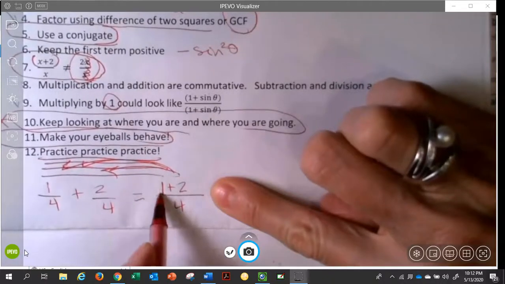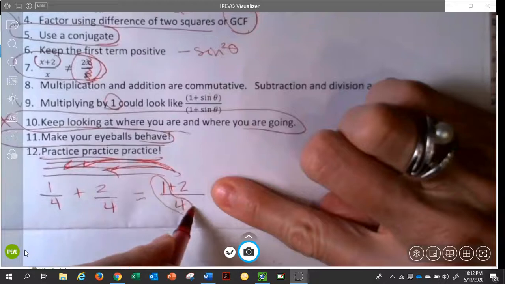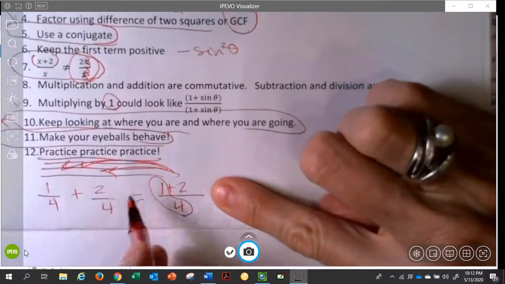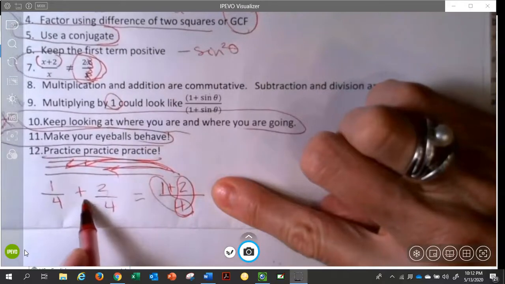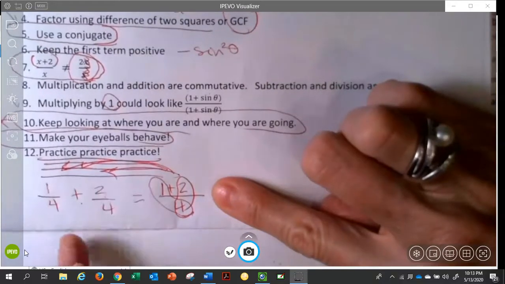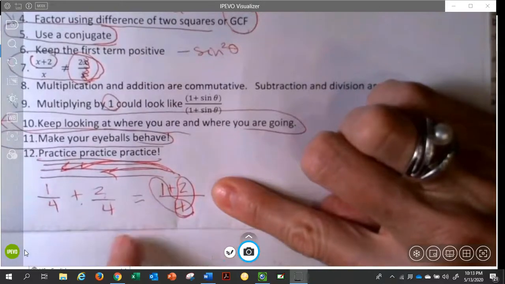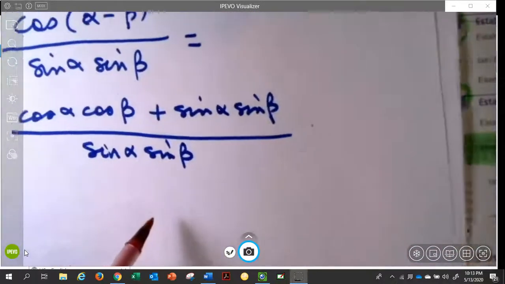If you have a something plus a something over a denominator, you have permission to write this front part over the denominator. You have permission to write this back part over the denominator and put a plus in between them. So just as you have permission to put them together, you have permission to pull them apart. And so that's what we're going to do here.